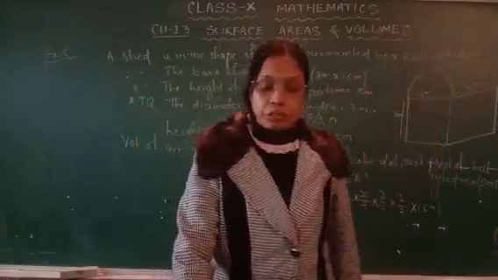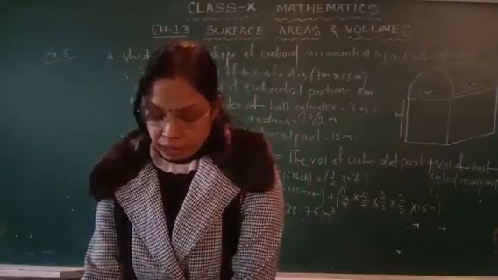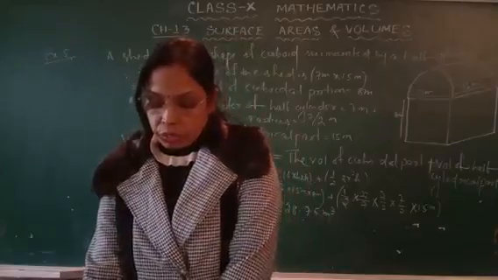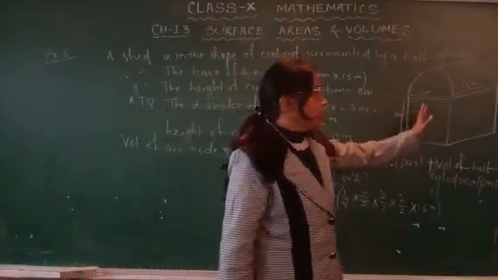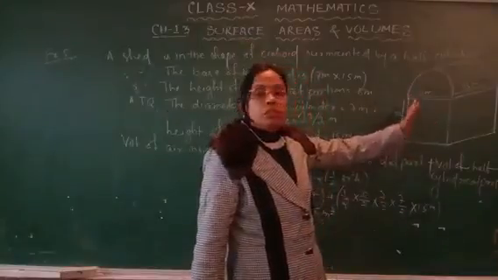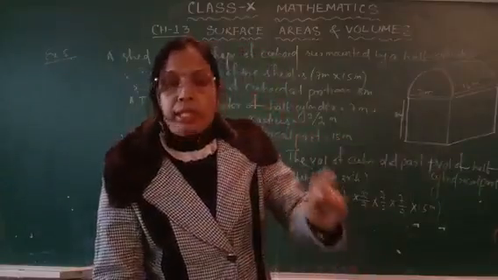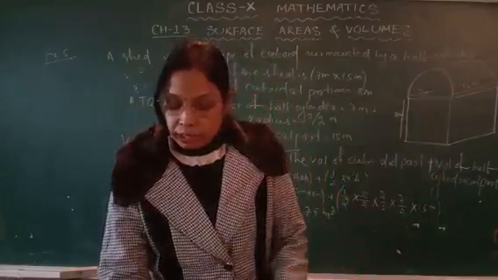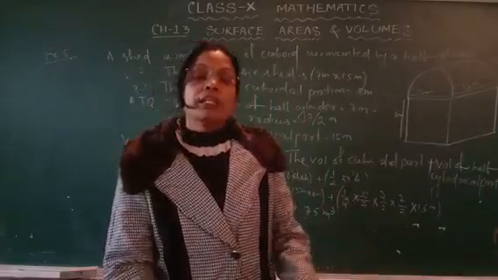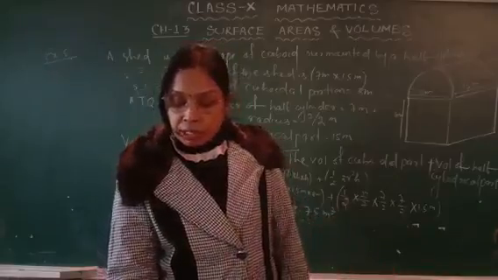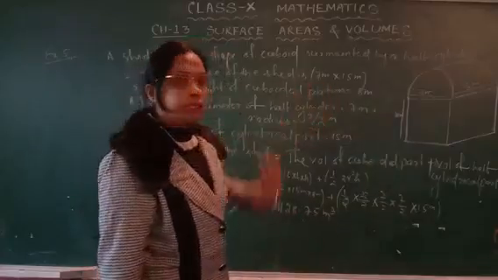But again the question says, suppose the machinery in the shed occupies a total space of 300 meter cube. Means if a machinery is there, the volume of this machinery is equal to 300 meter cube, and there are 20 workers also, each of whom occupy about 0.08 meter cube. Then how much air is in the shed? So this was the actual volume of the air inside the shed.